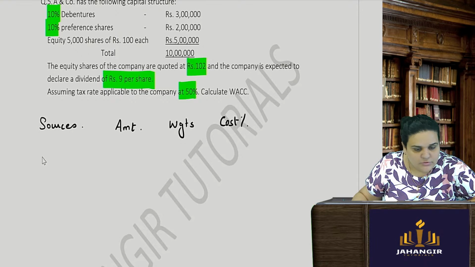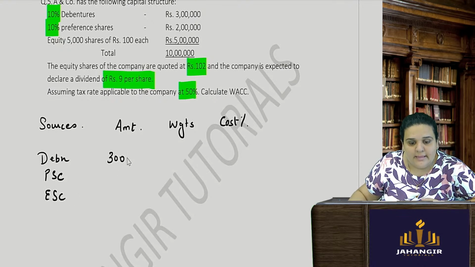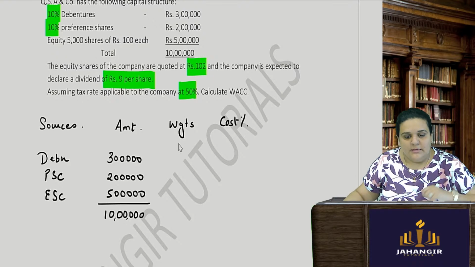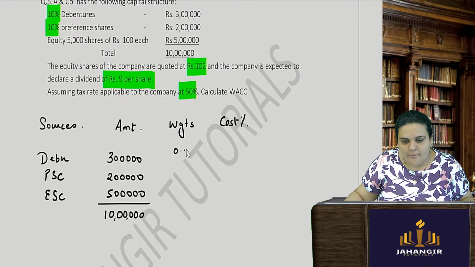So my sources are first debentures, then preference share capital, and then equity share capital. Amounts are 3 lakhs, 2 lakhs, and 5 lakhs. So total becomes 10 lakhs. If I assign weights, it will be 0.3, 0.2, and 0.5.